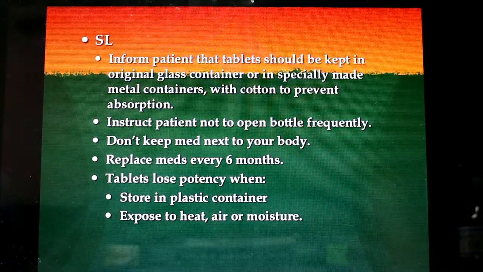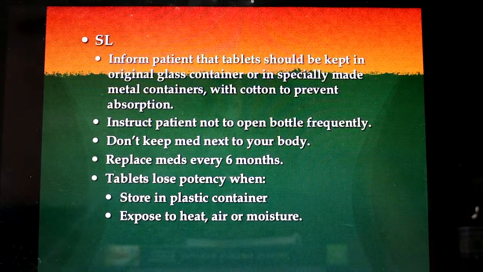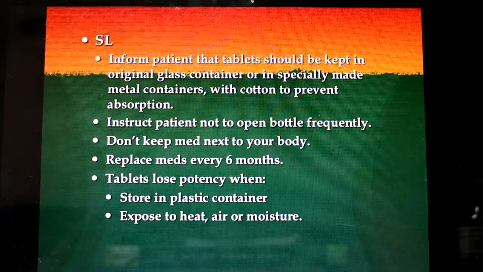As our main focus is on the sublingual form of nitro, we're going to inform the patient that the patient should keep the tablets in the original container or in a container specifically made for nitro to prevent absorption. Instruct the patient not to open the bottle frequently unless he needs it.